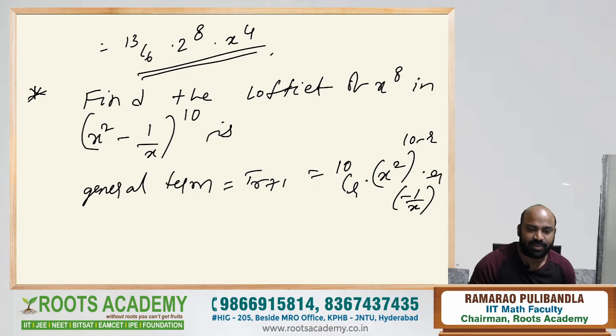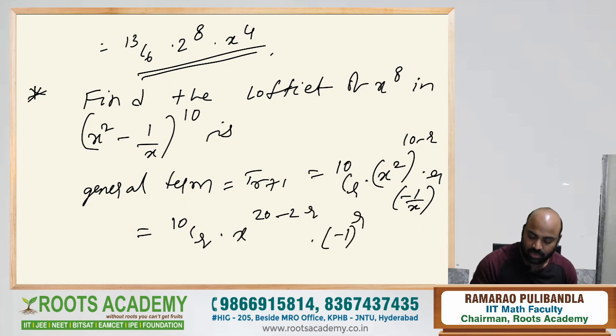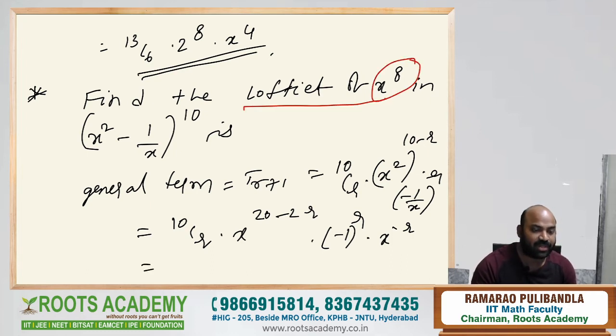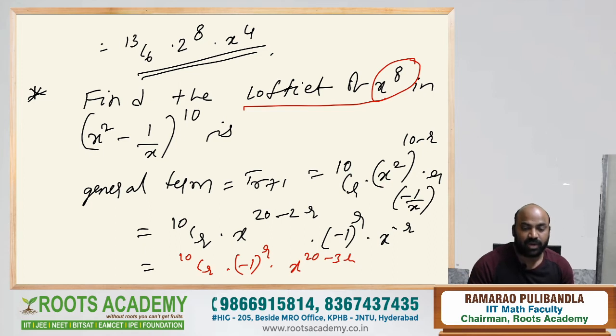This can be written as 10Cr into x power 20 minus 2r into (minus 1) whole power r into x power minus r. So still you can simplify this, because you want the coefficient of x power 8. This is 10Cr into (minus 1) whole power r into x power 20 minus 3r.